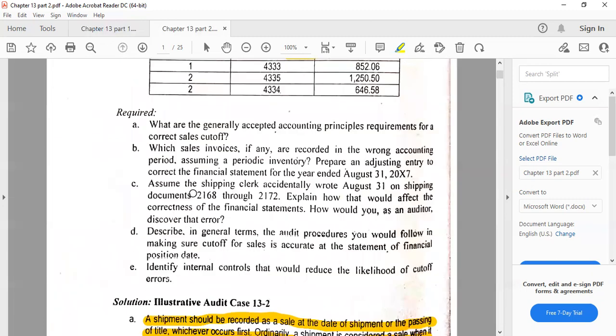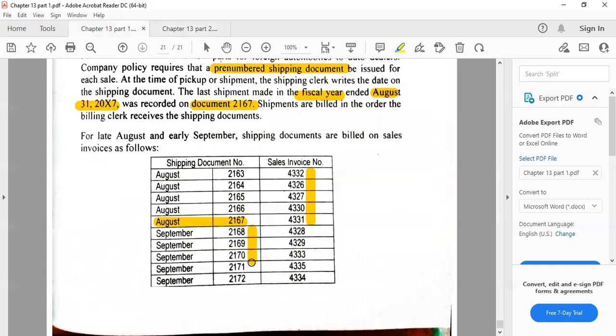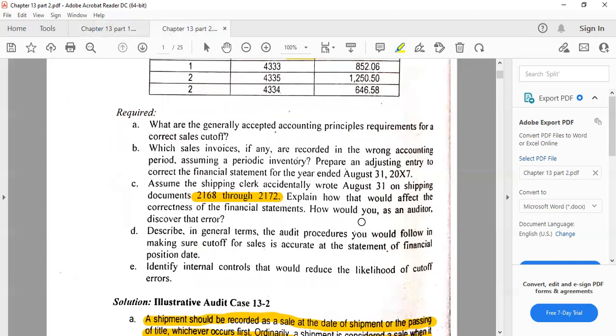Next, assume the shipping clerk accidentally wrote August 31 on shipping documents 2168 through 2172. Assume daw nga nasayop daw si shipping clerk, imbis September iyang ibutang kay August ang iyang nabutang. So, unsa kuno yung effect ana niya.